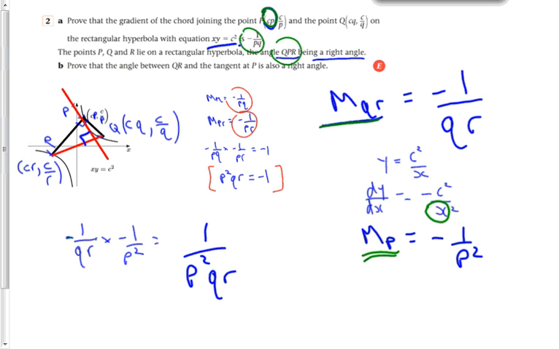We notice something, because we are given previously that p squared qr is equal to minus 1. And therefore 1 over minus 1 is simply minus 1. So we've shown that the product of the gradient of the tangent at P with the gradient of the chord QR gives us minus 1. And therefore we've shown that the angle between QR and the tangent at P is also a right angle.